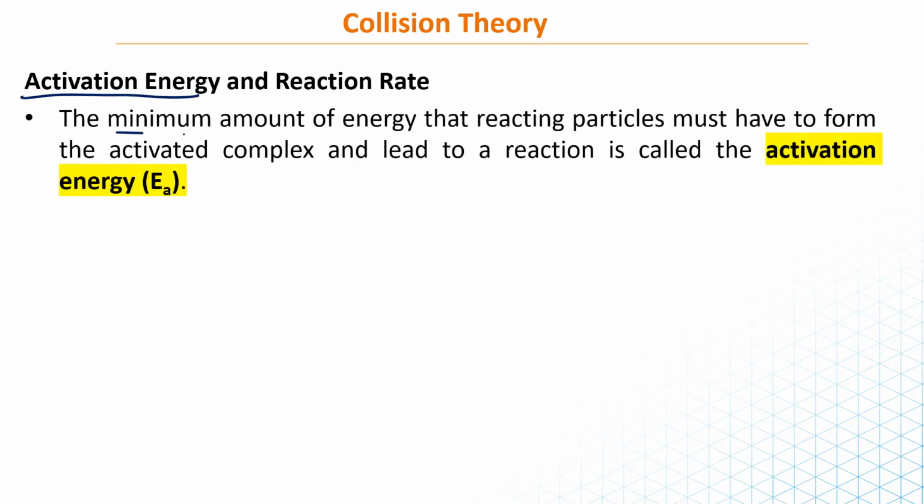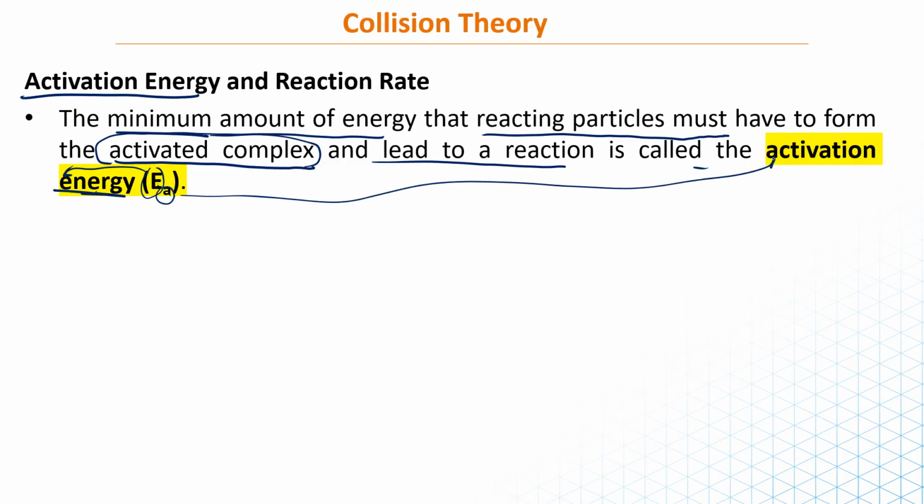So the minimum أقل كمية من الطاقة, the minimum amount of energy that the reacting particles must have, اللي المتفاعلات لازم تكون عندها to form the activated complex عشان يحصل تصادم صحيح وتكون لنا activated complex and lead to a reaction عشان يحدث تفاعل is called the activation energy, EA. Okay, so E is from energy and A is from activation.